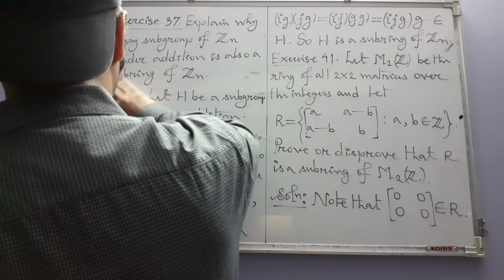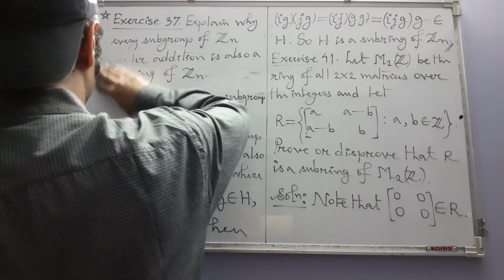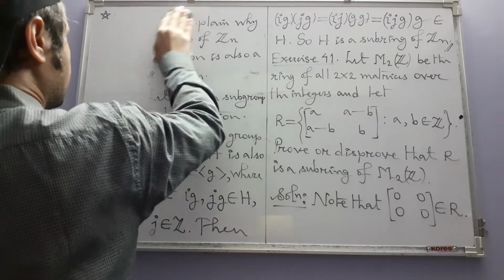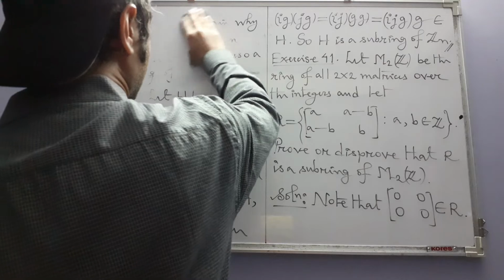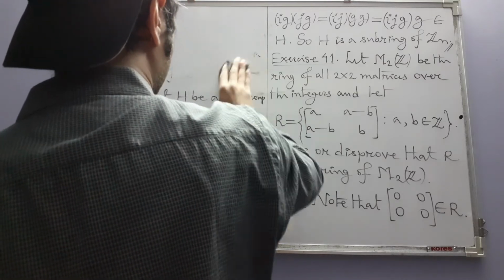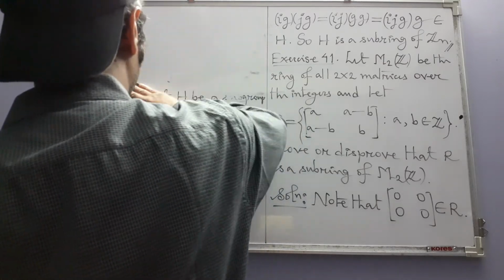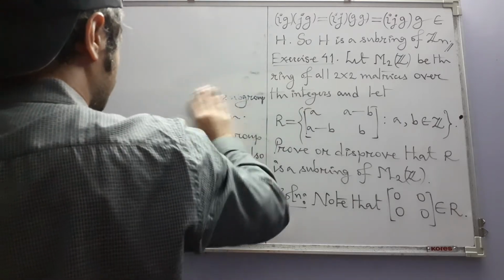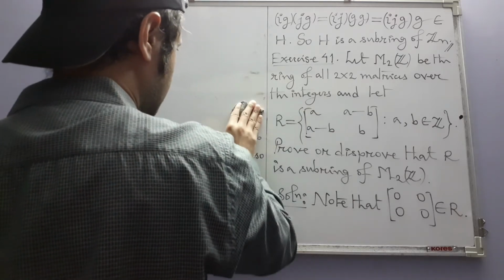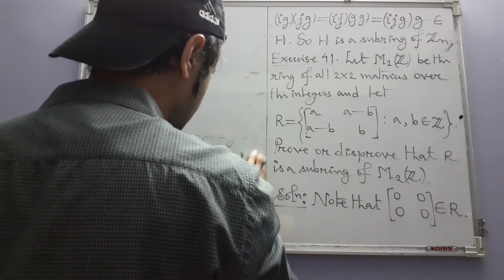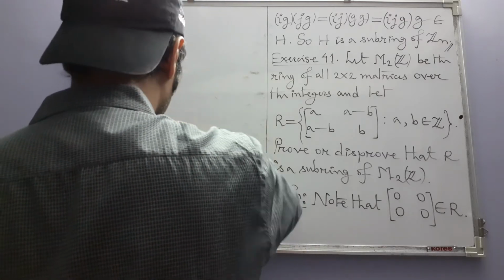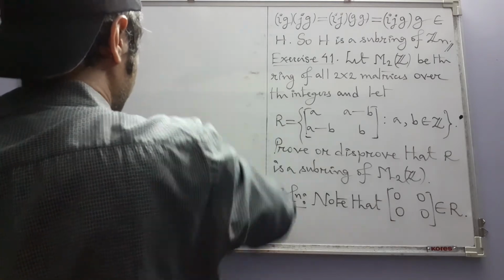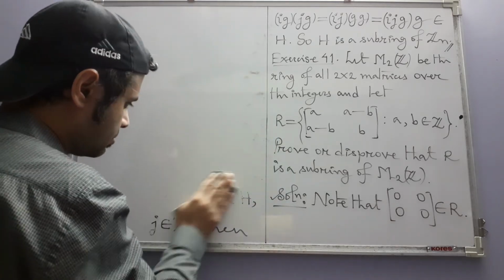So that means R is a non-empty subset of M2Z. Subring, subgroup, these things first of all must be non-empty subsets, and then only you go for verifying the other conditions. If you are not sure whether the subset is non-empty, then your efforts may go in vain.